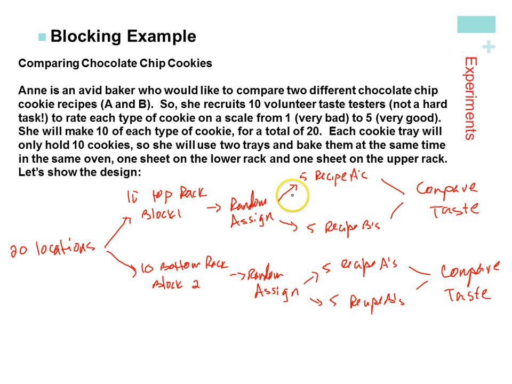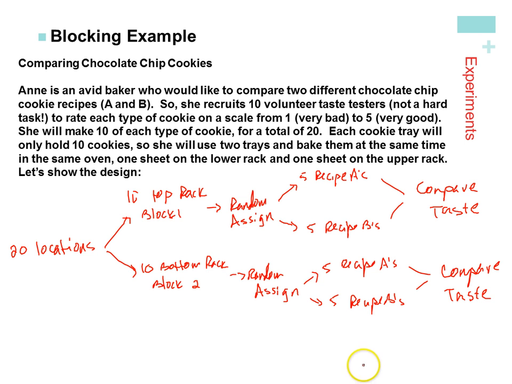Then we randomly assign, and we'd have to describe in paragraph form how we're going to do that, either using table D, the hat method, or technology. Then we randomly assign our recipes to our 5 locations here, and then we want to compare taste. So make sure you add that response variable into your design.